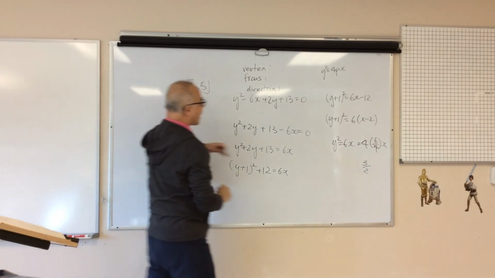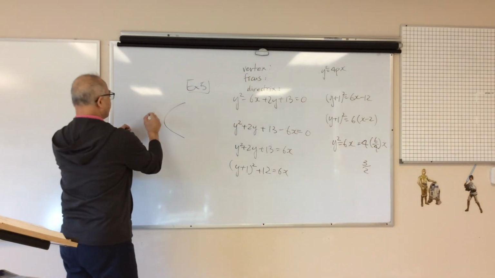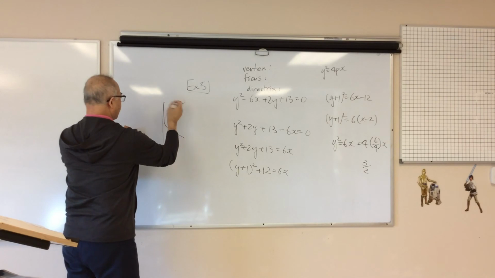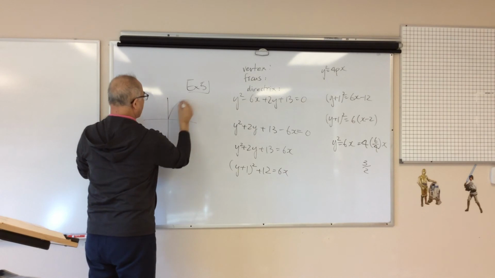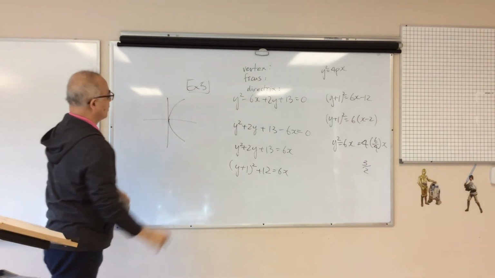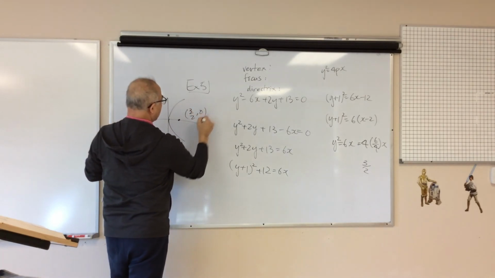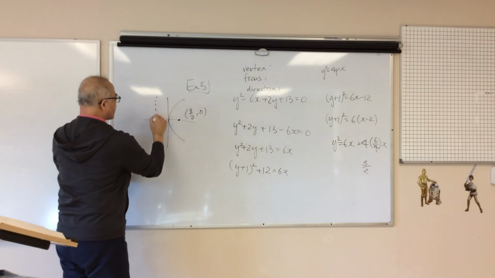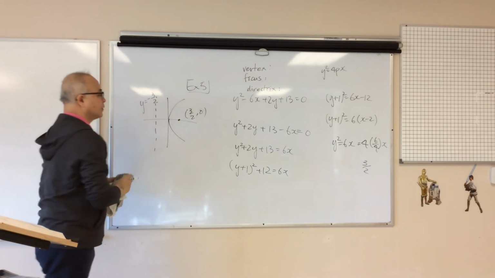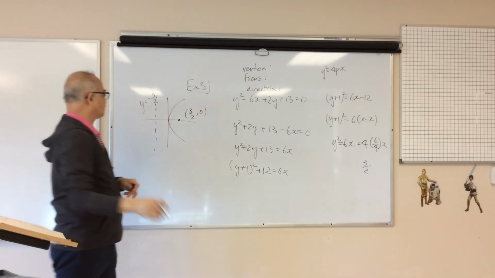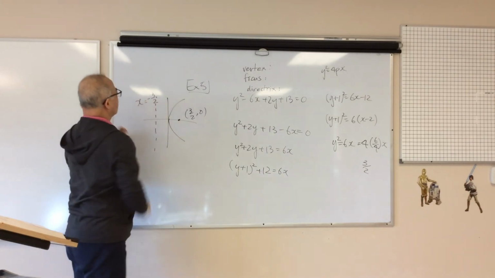If I had not moved it, I would have it looking like that, where my focus would have been there. My directrix would have been here. y is equal to negative 3 over 2. No, not y, x. x equals negative 3 over 2.